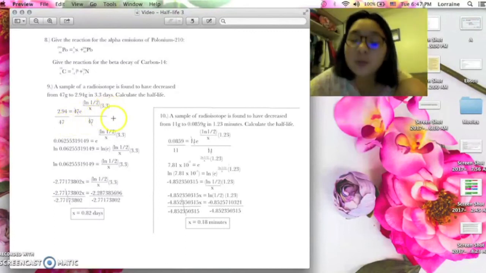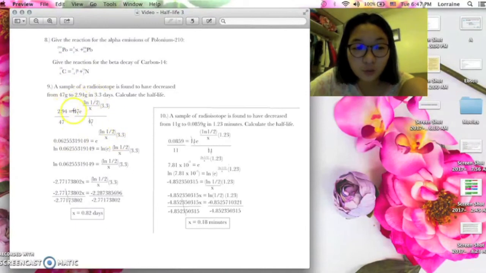For it to be easier to solve, we divide both sides by 47, so we cancel this out on this side of the equation, and on this side we divide 2.94 by 47, and we get 0.06255319149 equals e to the exponent of ln of 1/2 over x times 3.3.